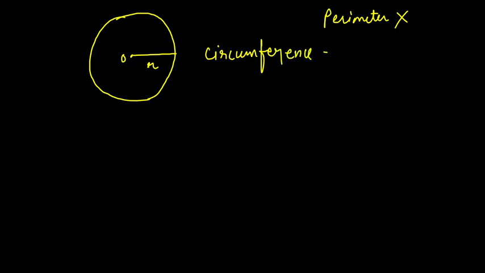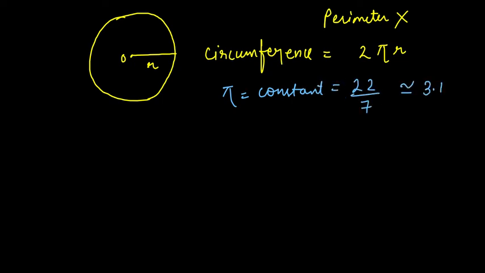The circumference of the circle is 2 pi r, where pi is a constant and its value is 22 by 7, and if you divide it you approximately get 3.14. In questions we will be placing the value as 22 by 7 or 3.14 depending on the question, and of course r is the radius of the circle.